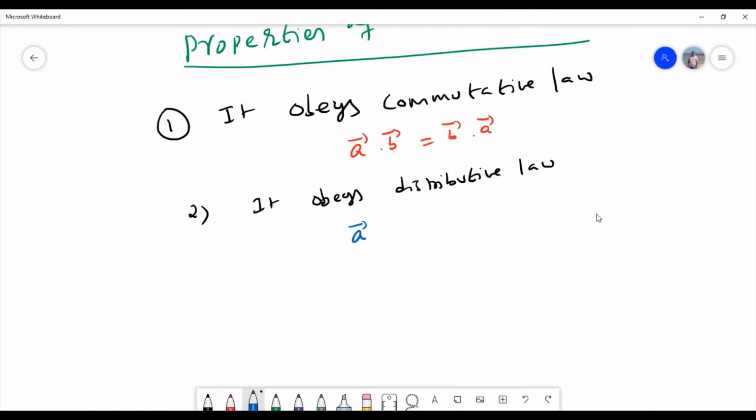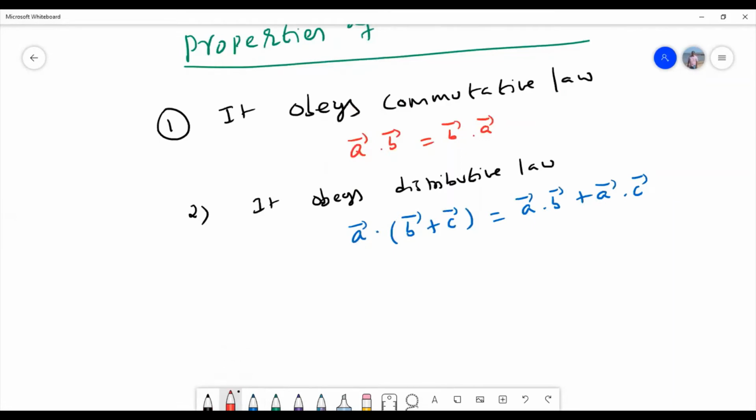A bar dot, B bar plus C bar, is same as A bar dot B bar plus A bar dot C bar. This is what we call distributive. It obeys commutative law as well as it obeys distributive law.